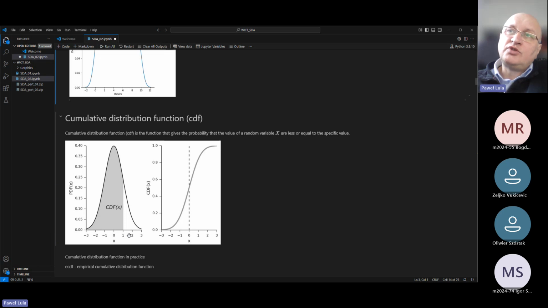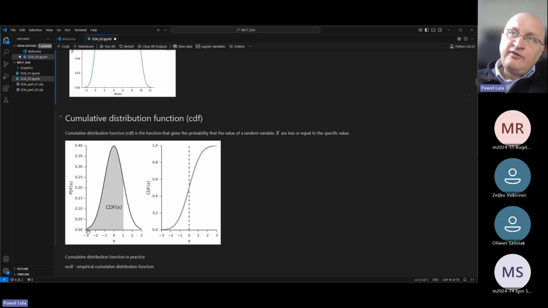So when we want to know the probability that a value of our random variable is in the range from minus infinity to, for example, 1, we should calculate the area of this figure, which is presented here using this gray color.